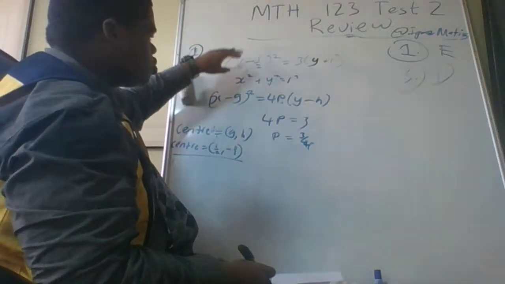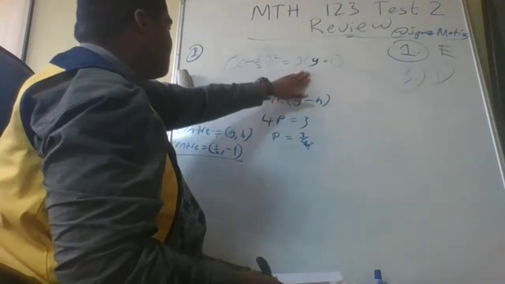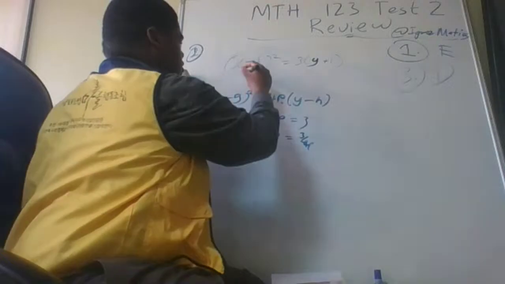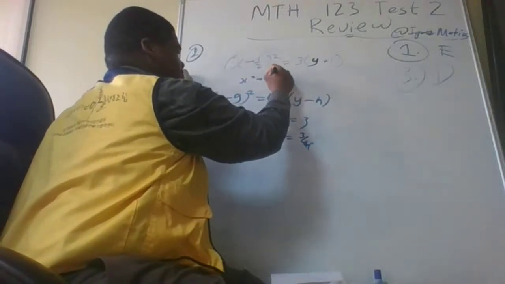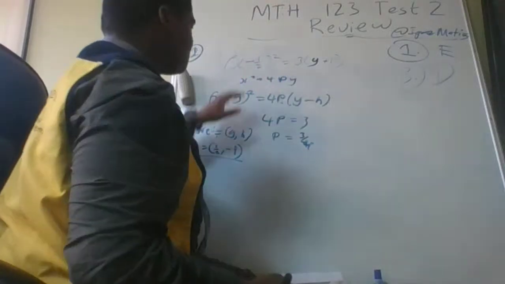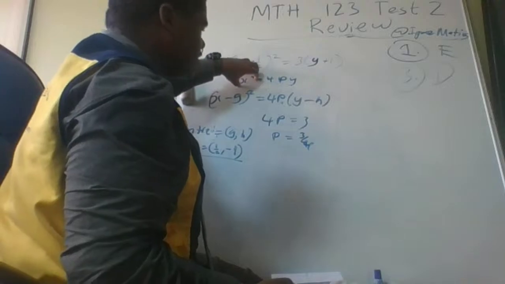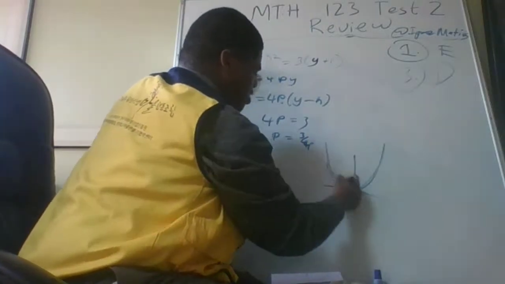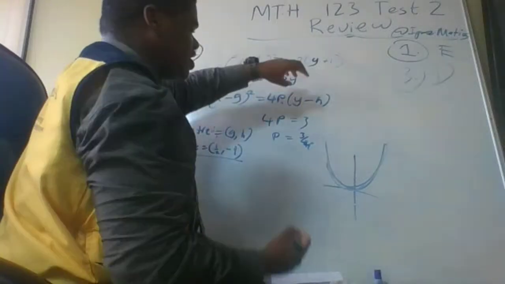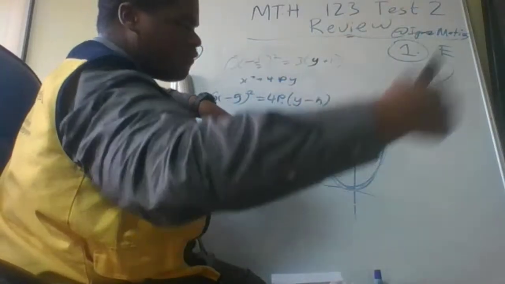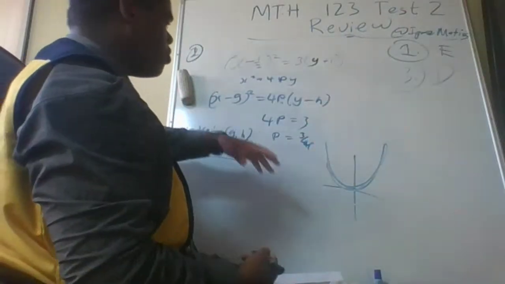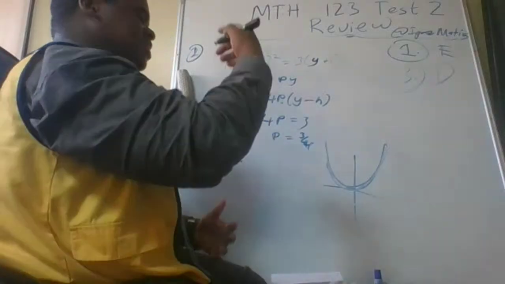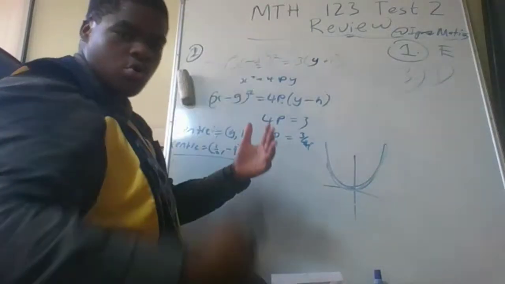So in this case too, the condensed form is x squared is equal to 4py. Now if it's x squared, remember I said it's going to be vertical. If it was y squared, it's going to be horizontal and curve towards the right or the left. But in this case, it's x squared, so it's vertical. It curves towards the top or the bottom.